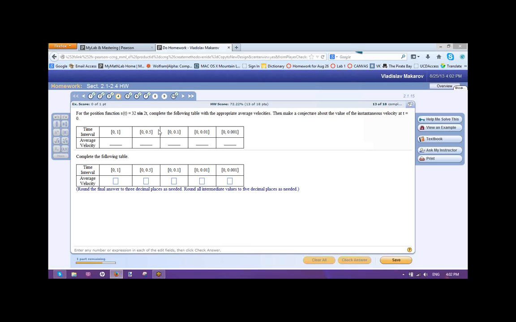For the first column, we want to take S of 1 minus S of 0 divided by 1 minus 0, so divided by 1. Correct.